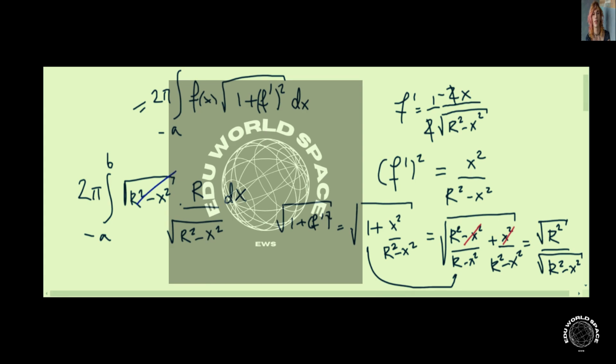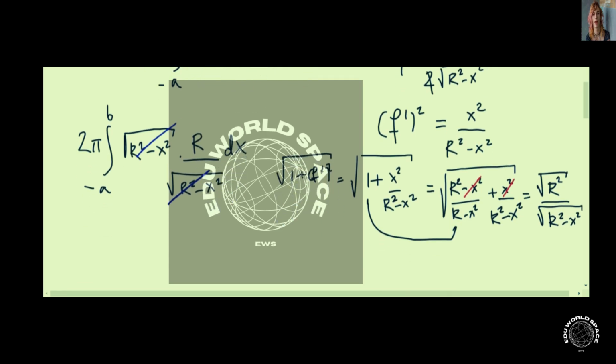Something very convenient happens, these two cancel, so that this area will be 2 pi times the integral from minus a up to b of r times dx.